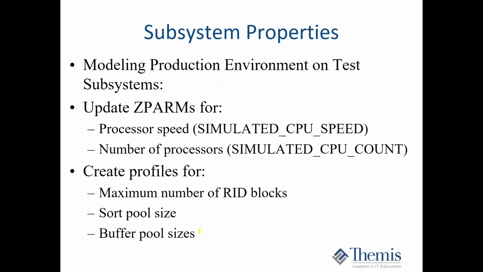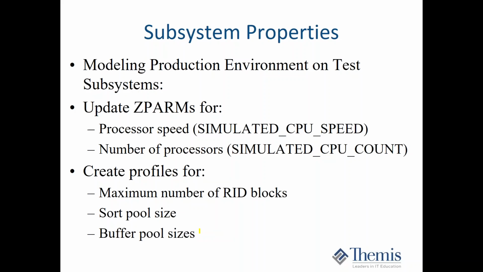Now to do that, you need to go out and find, and it's moderately well documented, find out what your production processor speed is, CPU speed, okay, and the number of CPs in that CPU, which is probably different than your test environment. Your test box is probably a lower speed with fewer CPs, engines.